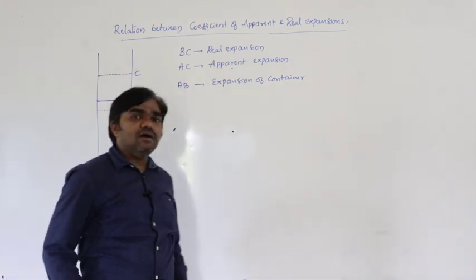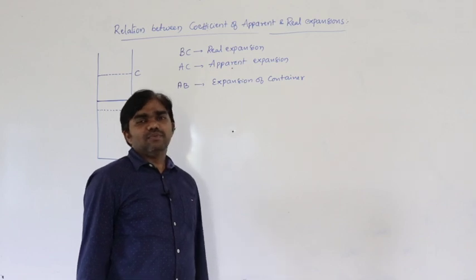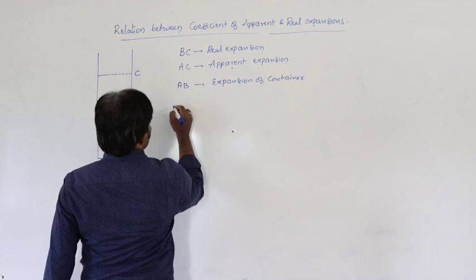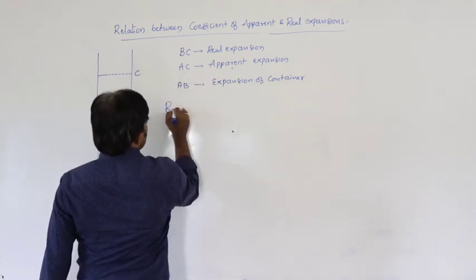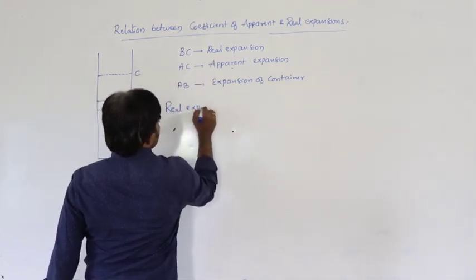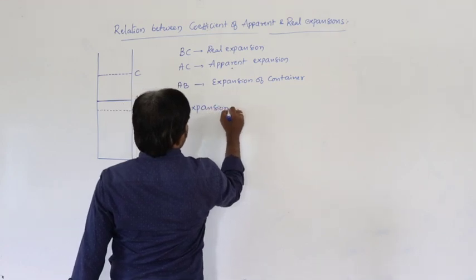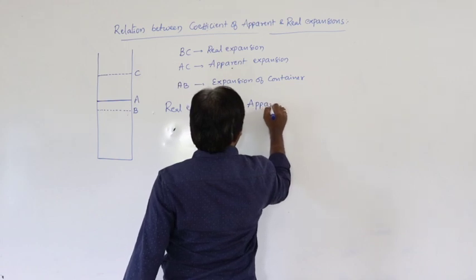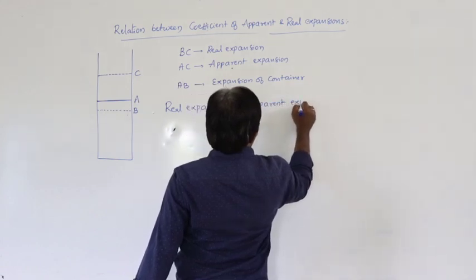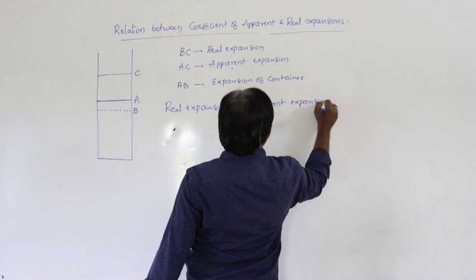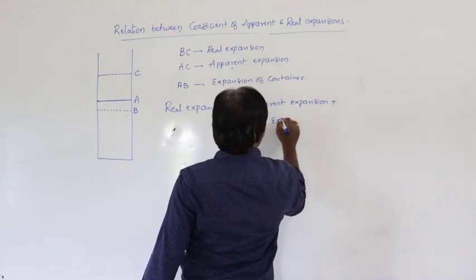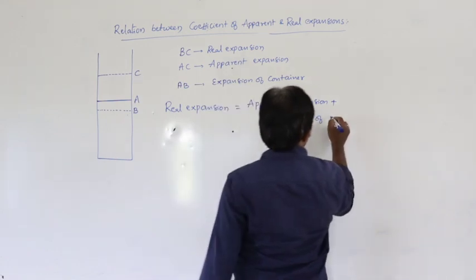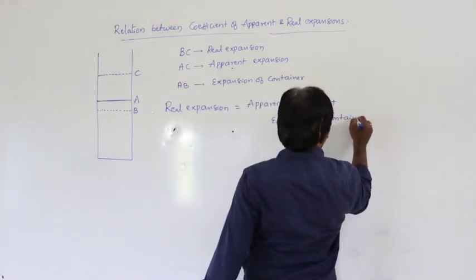Then what is AB? Expansion of the container. So from this formula we can write, real expansion is equal to apparent expansion plus expansion of the container.